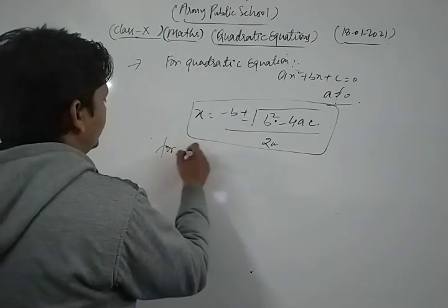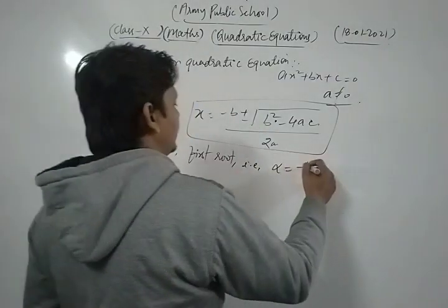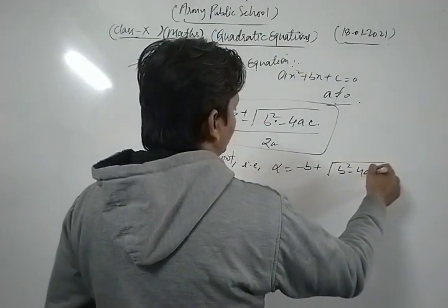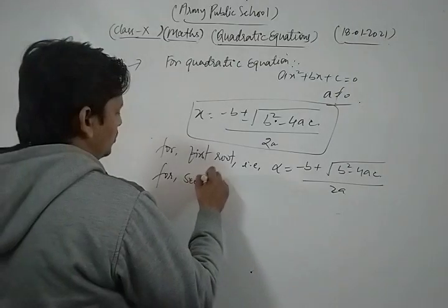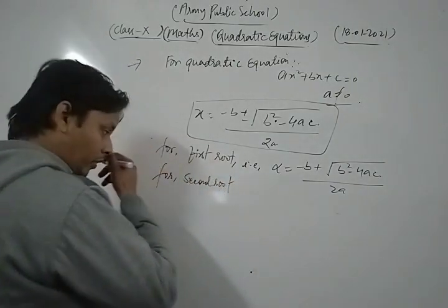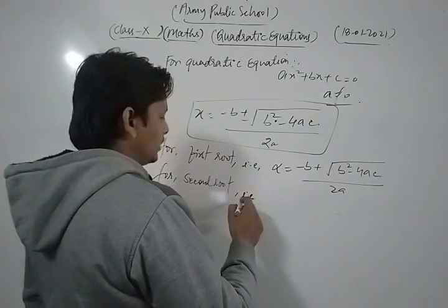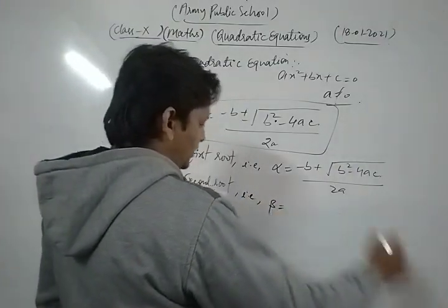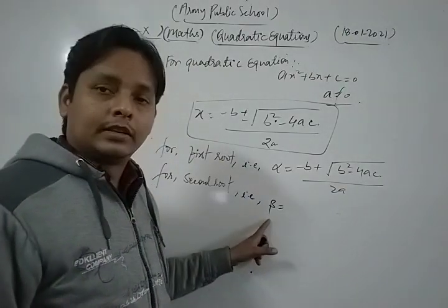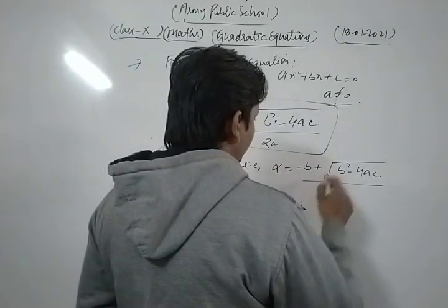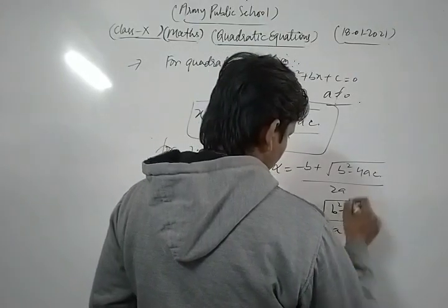So for the first root, that is for alpha, we write minus b plus square root of b square minus 4ac upon 2a, and for the second root, that is for beta, minus b minus square root of b square minus 4ac upon 2a.